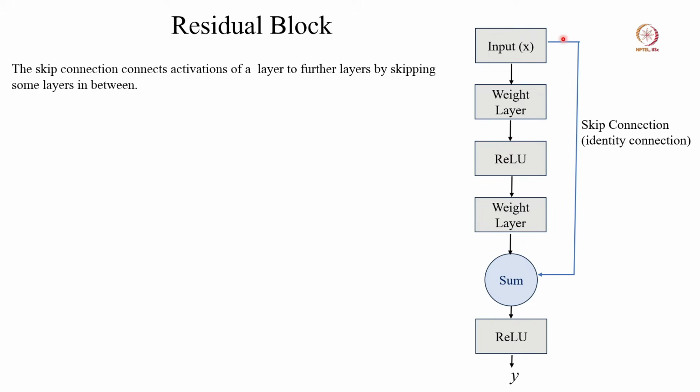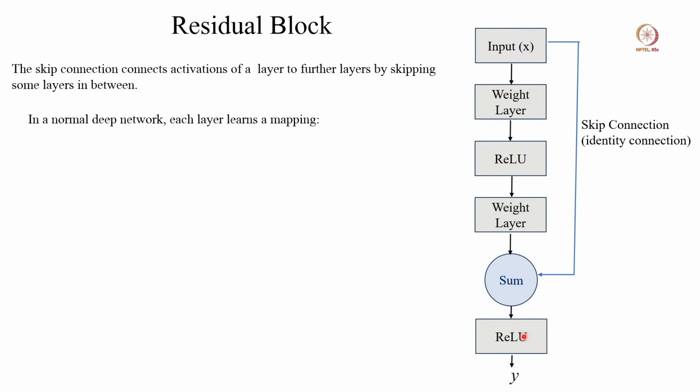So, this is the concept of skip connection. That means we are skipping two layers of the neural network here, adding the input from two layers behind to the output of this weighted layer, and then that summed output goes to the next activation function, which is ReLU, and we get the output.